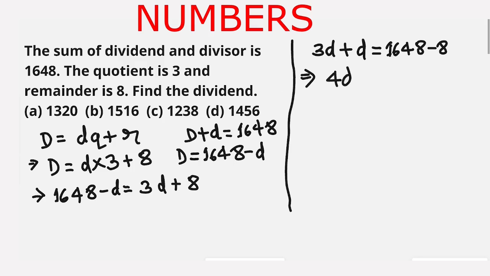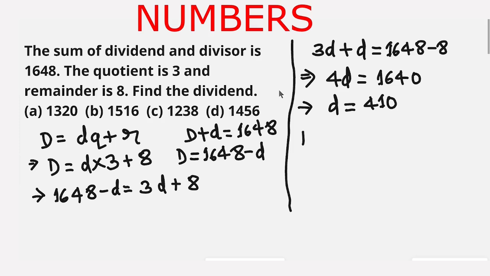This gives 4d equal to 1640, which gives the value of divisor equal to 410. 1640 divided by 4 gives us 410.